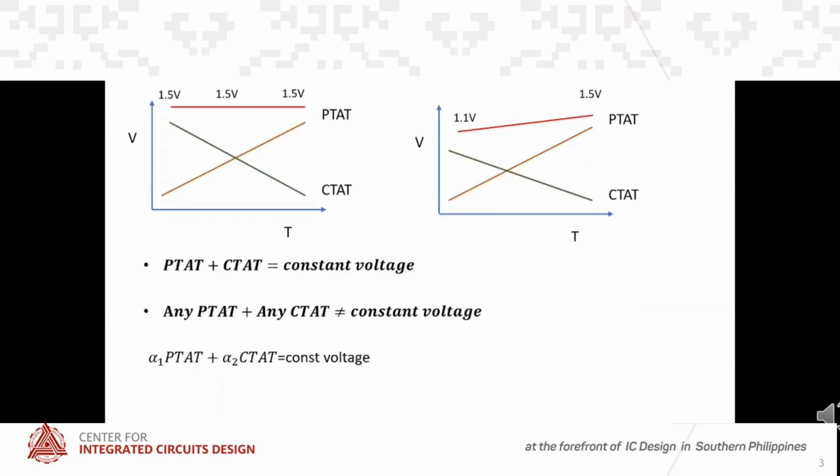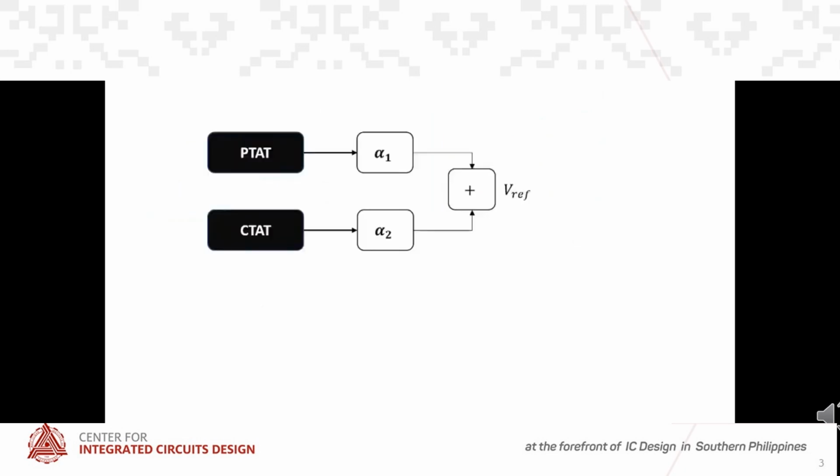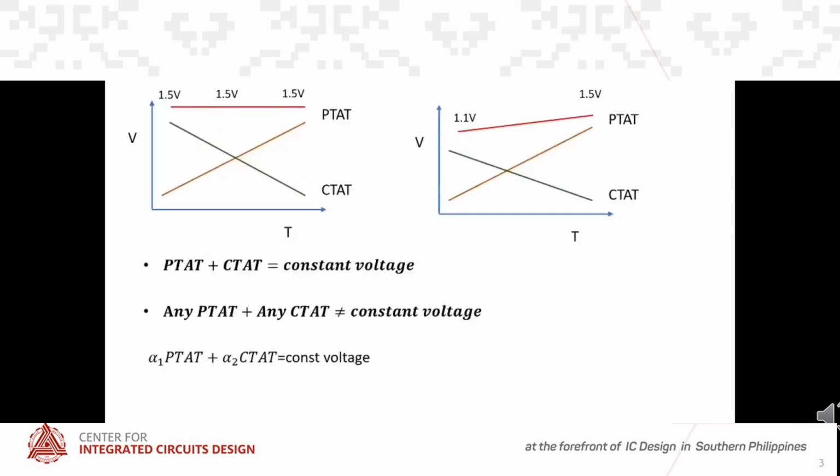So for example, let me write. I have here, for example, 0.5 volts to 1 volt for our PTAT.